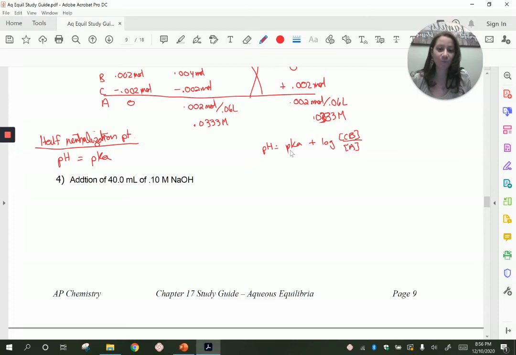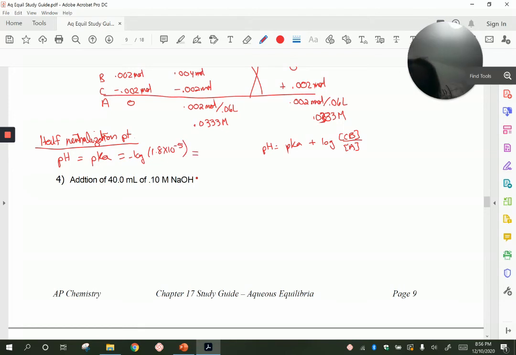And so pH would be equal to pKa plus 0, which is the pKa. So when you're at half the neutralization point, your pH is just equal to your pKa. So in this case, it is equal to negative log of 1.8 times 10 to the negative fifth, which is 4.74. So that's our pH at half the equivalence point.